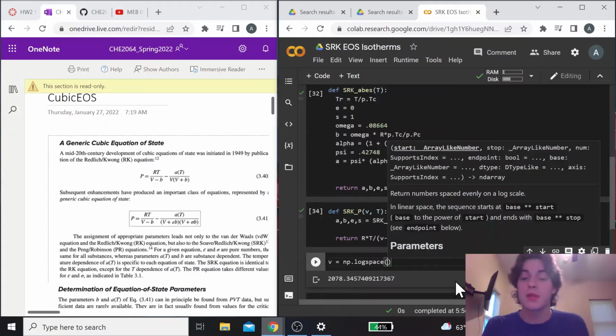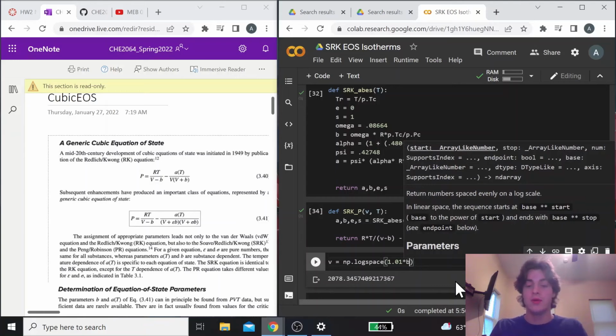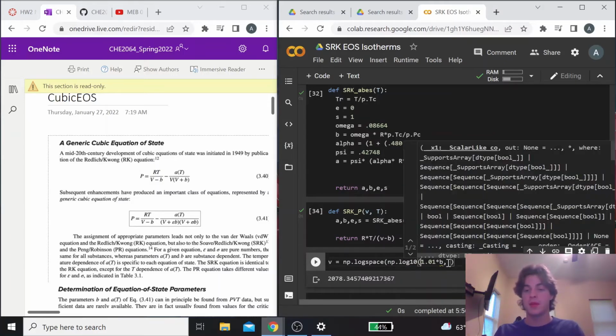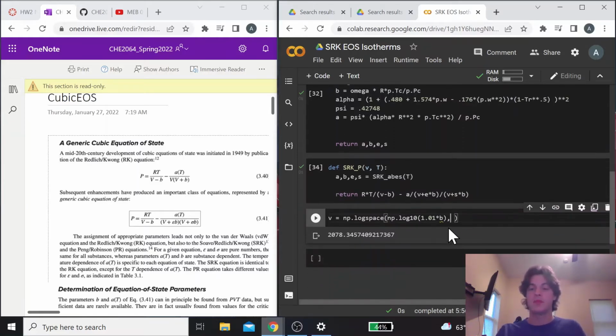So what I'm going to do for graphing is start at 1% over B, right? And we need to remember that we're graphing on a log scale, so let's just take the log of that. So we'll use numpy log10 of 1% of our excluded volume, and then our end value will be, we'll just go up to 10.